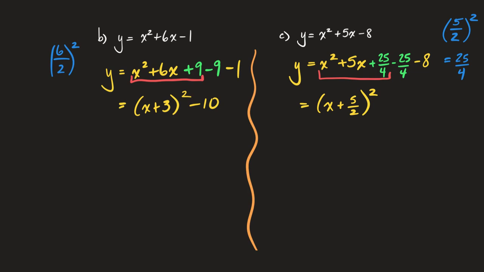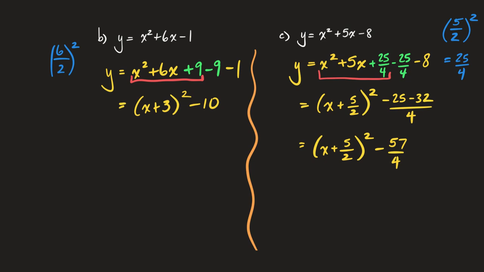I'm hoping we can recognize that I'm going to have my -25 minus 32 all over 4 when I get my common denominator. And so that is going to simplify into a minus 57/4. There we go.